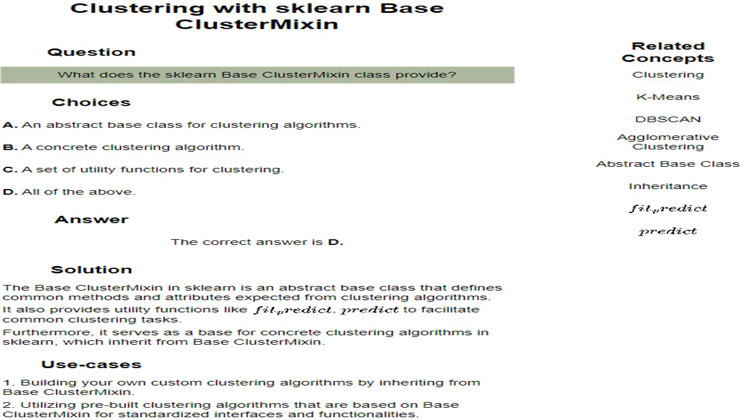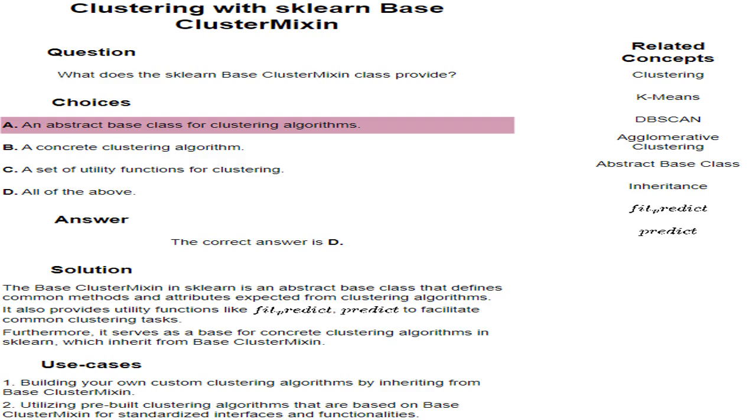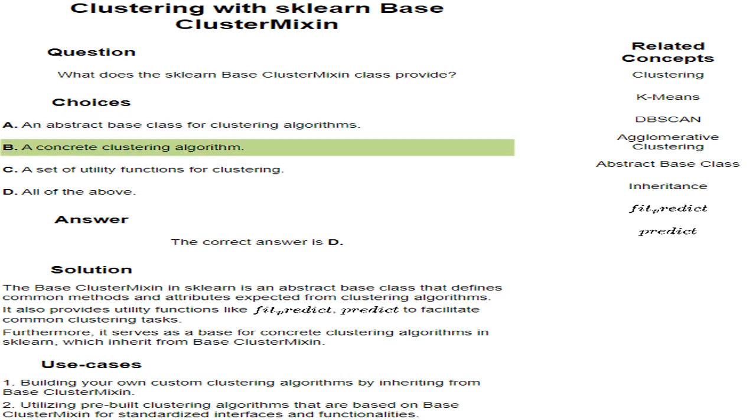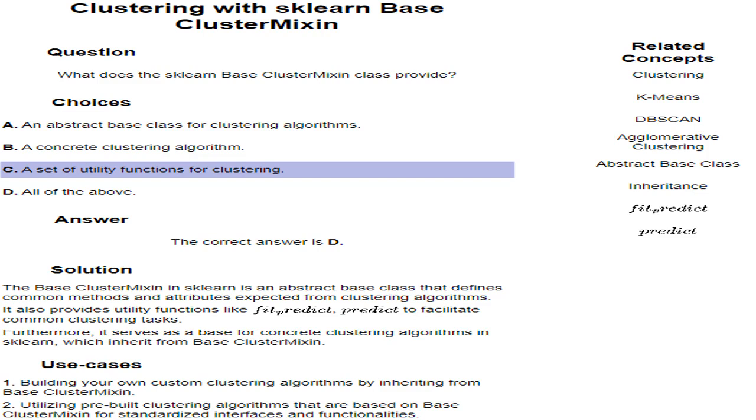What does the sklearn base cluster mixin class provide? An abstract base class for clustering algorithms, a concrete clustering algorithm, a set of utility functions for clustering, or all of the above. The base cluster mixin in sklearn is an abstract base class that defines common methods and attributes expected from clustering algorithms. True.